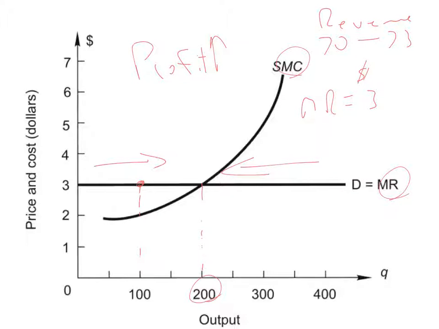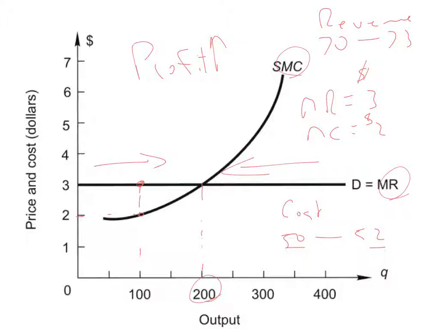At the same time, marginal cost looks like $2. Marginal cost is $2, so cost goes from, just for example, 50 up to 52. Now I'm making these numbers up. They're not given in the problem, but they're consistent with what we observe here.